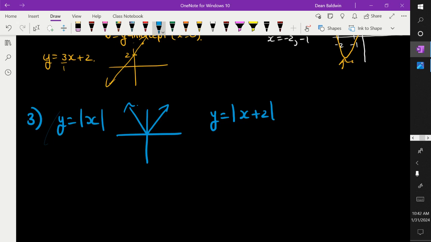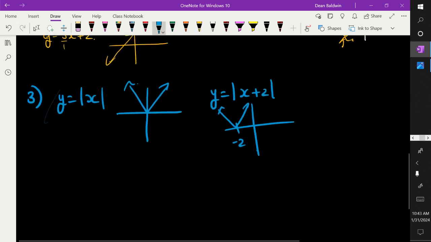You went left. Just ask yourself, what makes the inside 0? Negative 2. So that means we went left 2 units. It just moves the graph left. Look, you don't have to know these graphs, but it helps. It'll help.